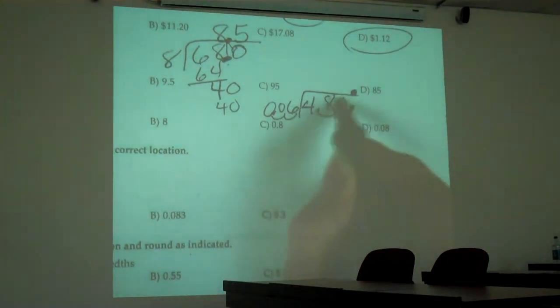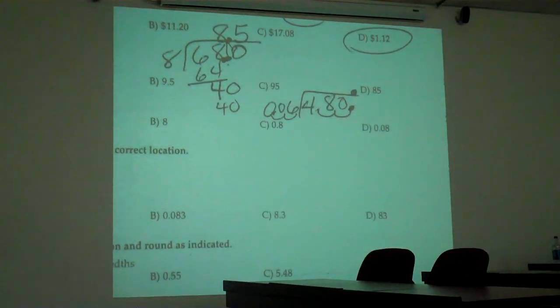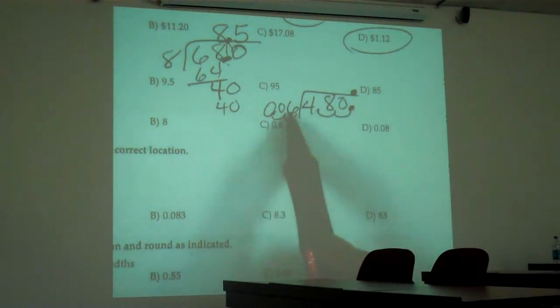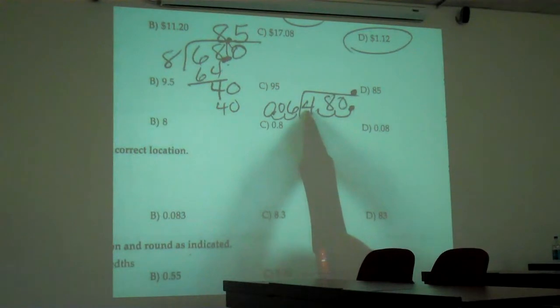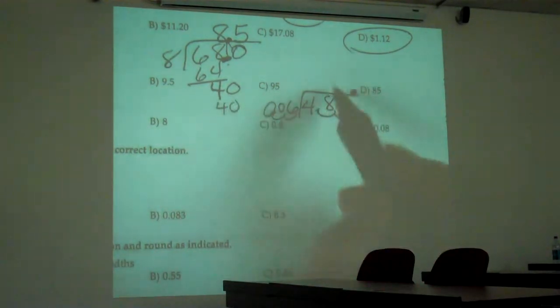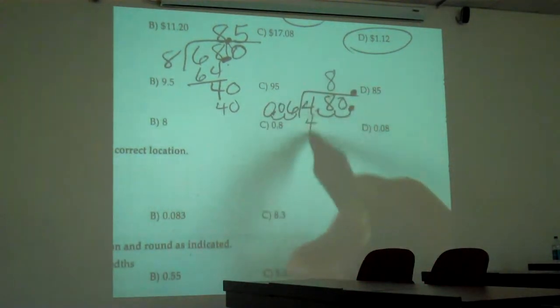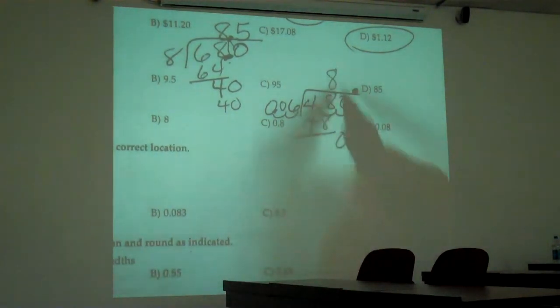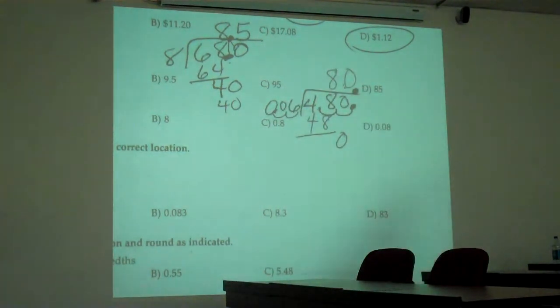You need to add a 0, because you moved the decimal and you didn't have a number there, you have to put the 0. 6 into 4, no. 6 into 48, 8 times. Is your answer 8? You need a 0 here. Your answer is 80.